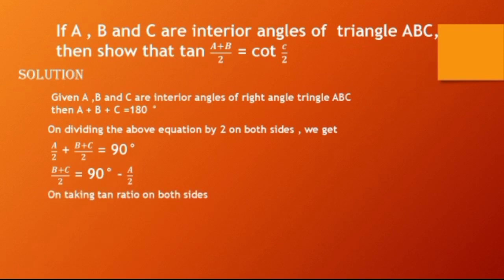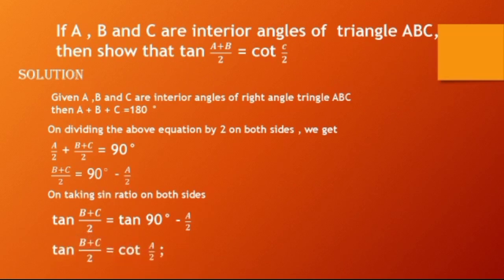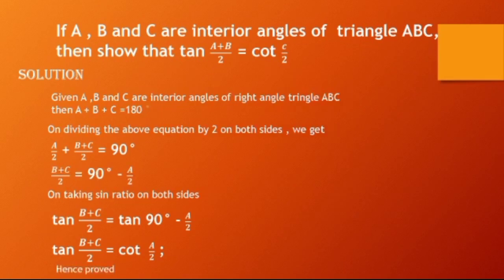On taking tan ratio on both sides, tan((b plus c) by 2) is equal to tan(90 degrees minus a by 2). From trigonometric ratios of complementary angles, tan(90 degrees minus a by 2) equal to cot(a by 2). We get tan((b plus c) by 2) equal to cot(a by 2).